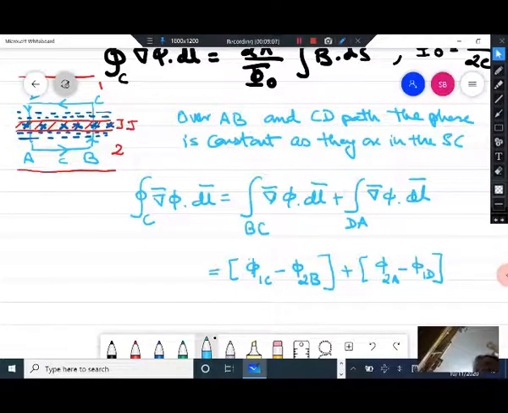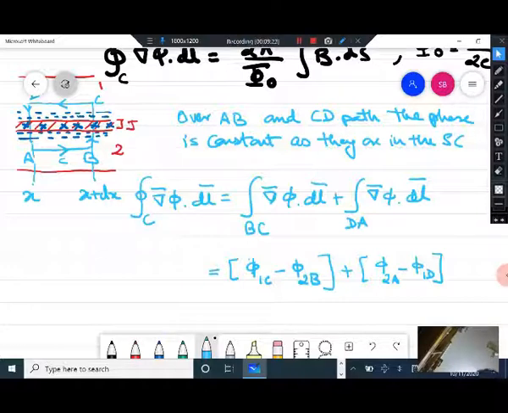This is going to be the change in phase as you are going from one region to another. Now this was the point X along the junction, and this is point X plus dx along the junction.